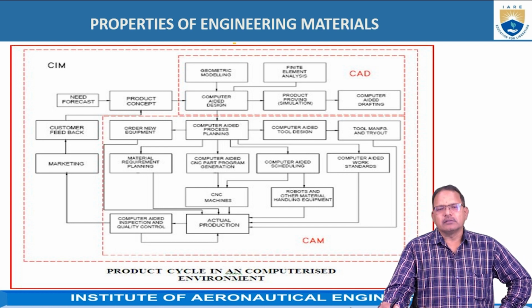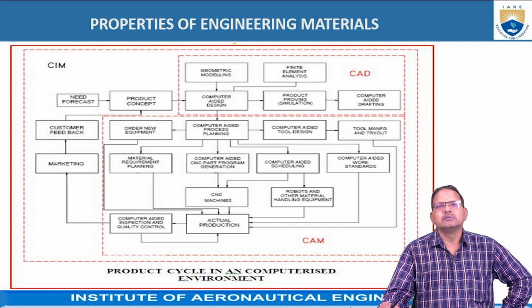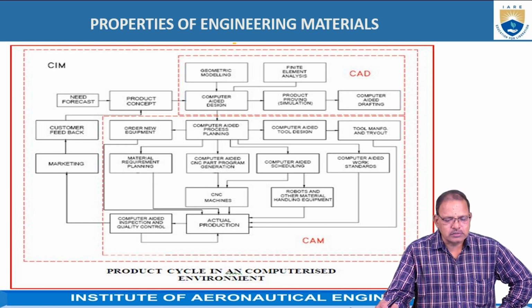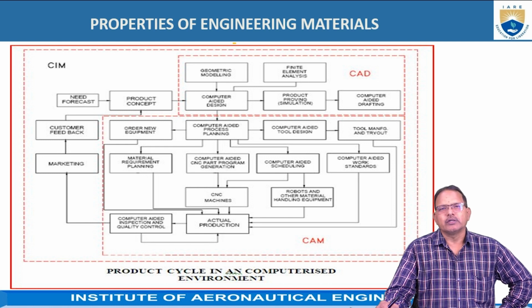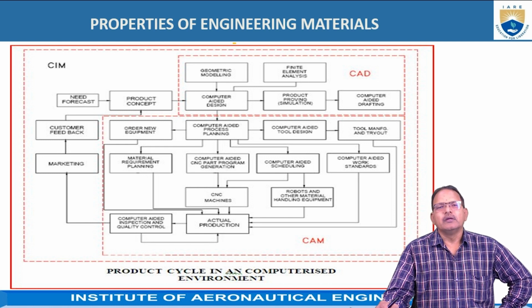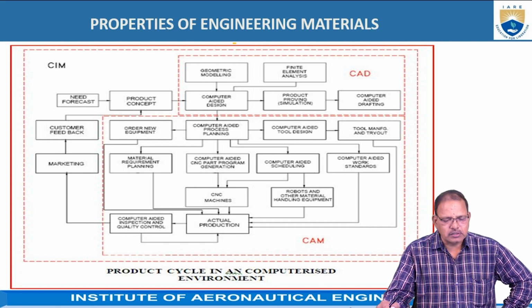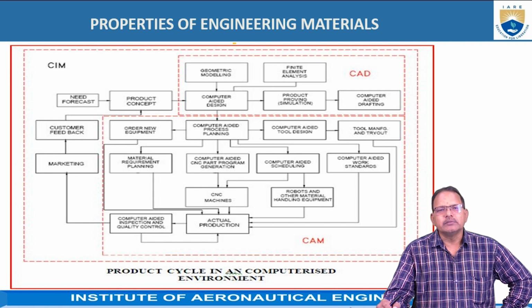In designing a product, first we require to know what is the need of that product. If it is available in the market, do the literature survey. What are the merits and demerits?